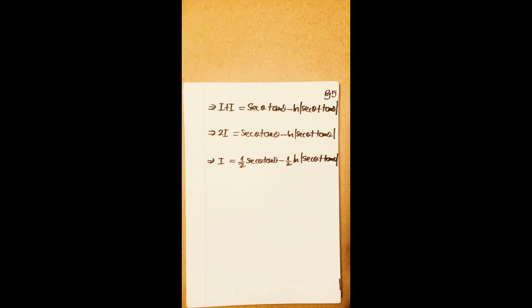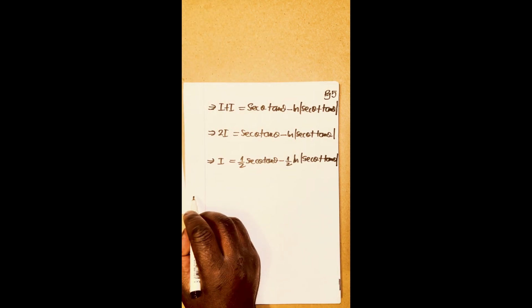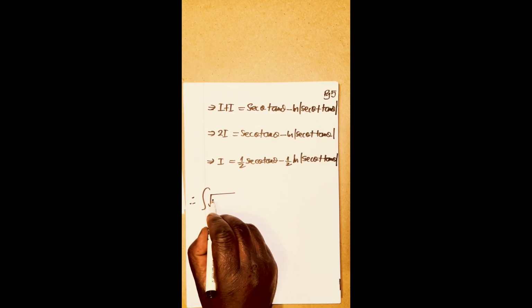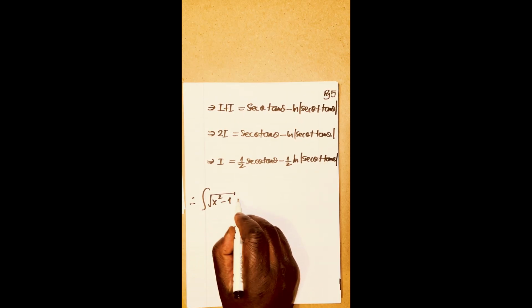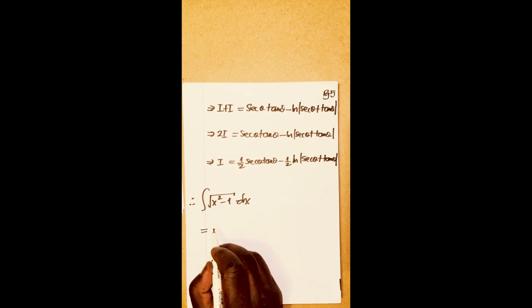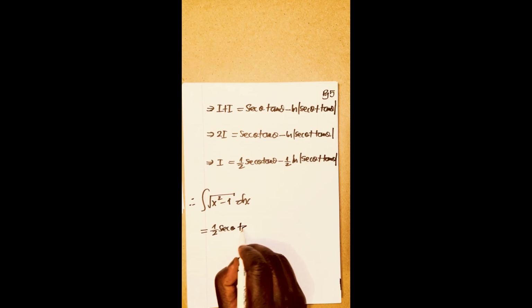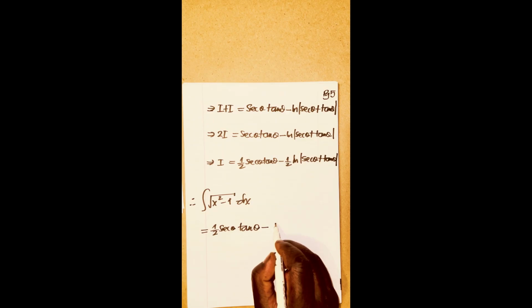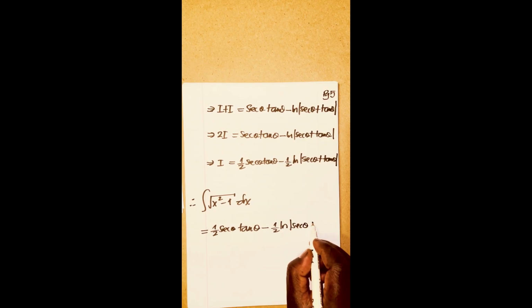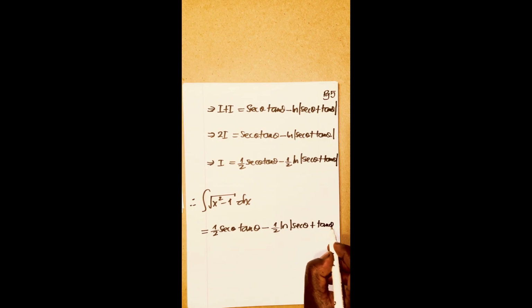So now I'm going to have to say, therefore, if you allow me to move backwards, the integral of the square root of x squared minus 1 dx is just going to be equal to half of sec of theta tan of theta minus half of natural log of sec of theta plus tan theta, and then plus a constant of integration c.